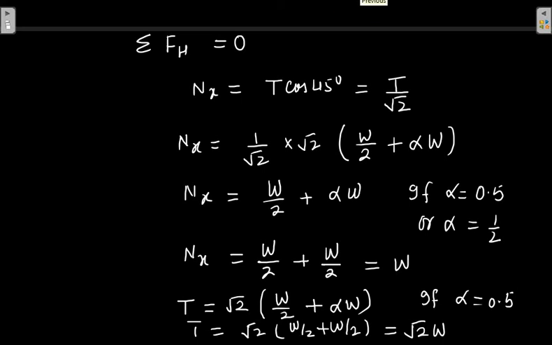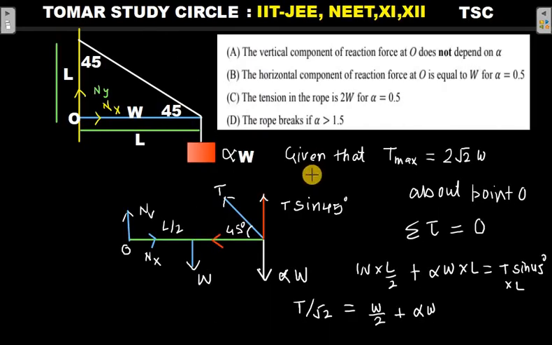Next, we have to check whether the rope will break or not. We have to check the last option, the rope breaks if alpha is greater than 1.5.